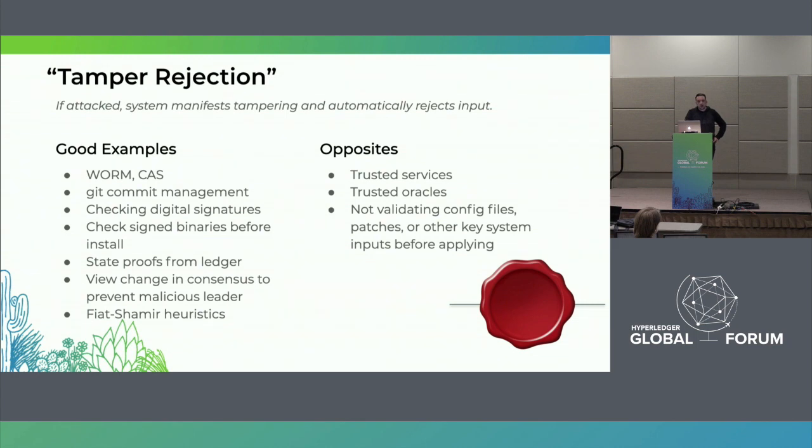Okay? Write once, read many storage technologies, and content addressable storage technologies have some of these properties. IPFS is an example of content addressable storage that implements the tamper rejection pattern.